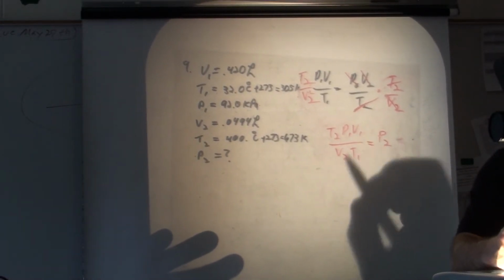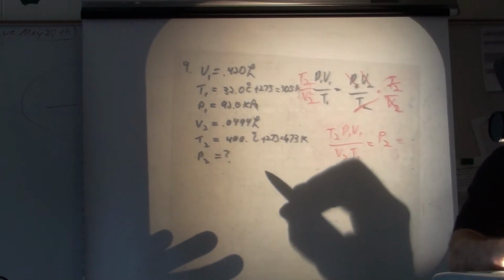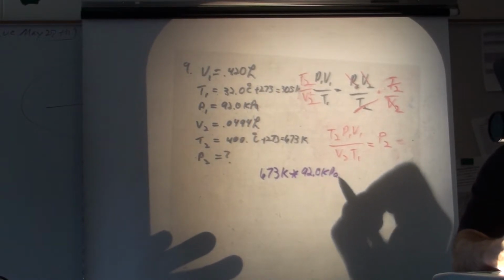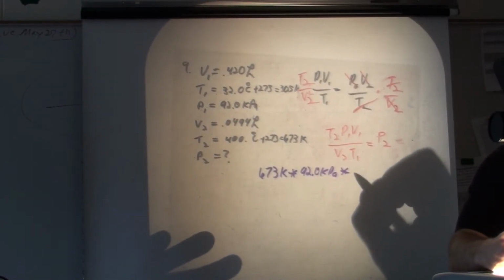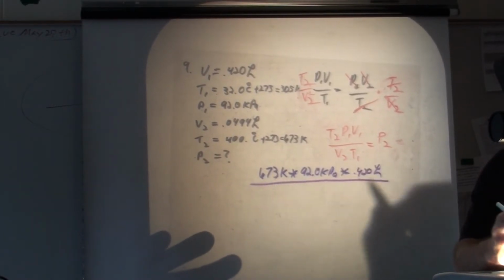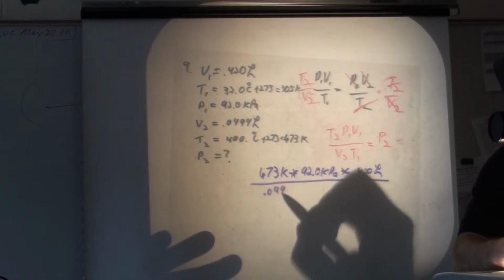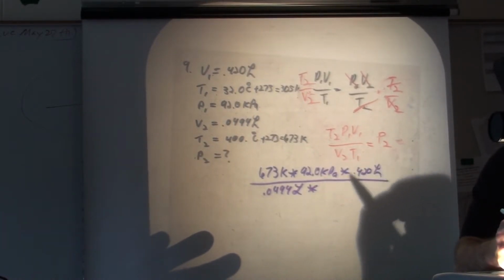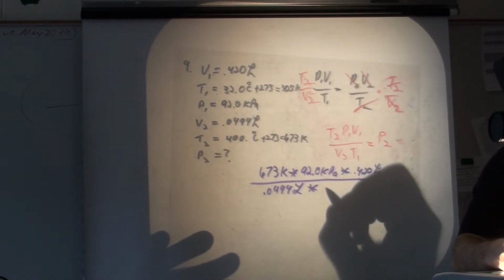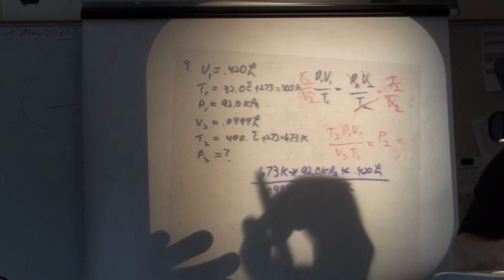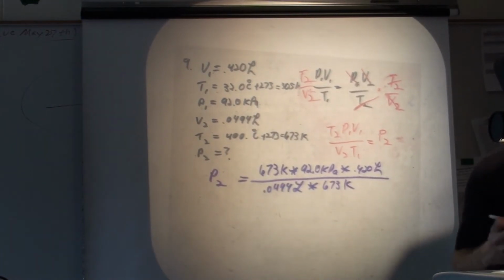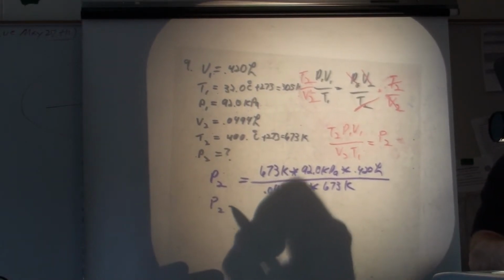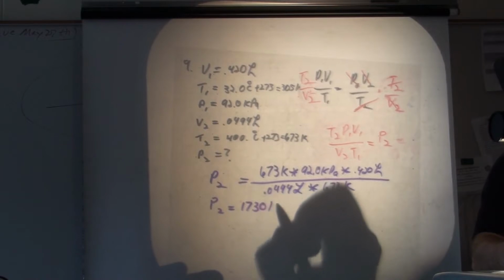All right, let's plug the numbers in. T2, 673 Kelvin, is P1 times V1 divided by, and if we do our math right, it'll come out to be 1,730 kPa.